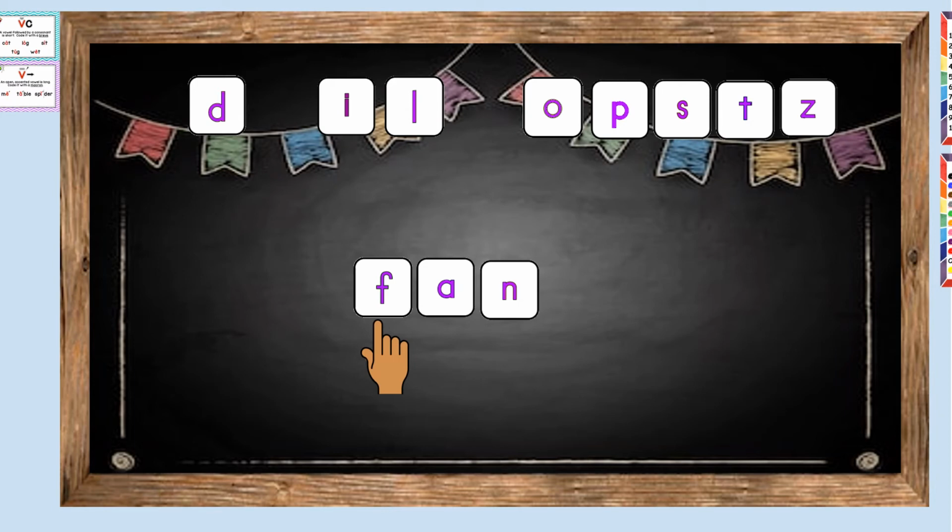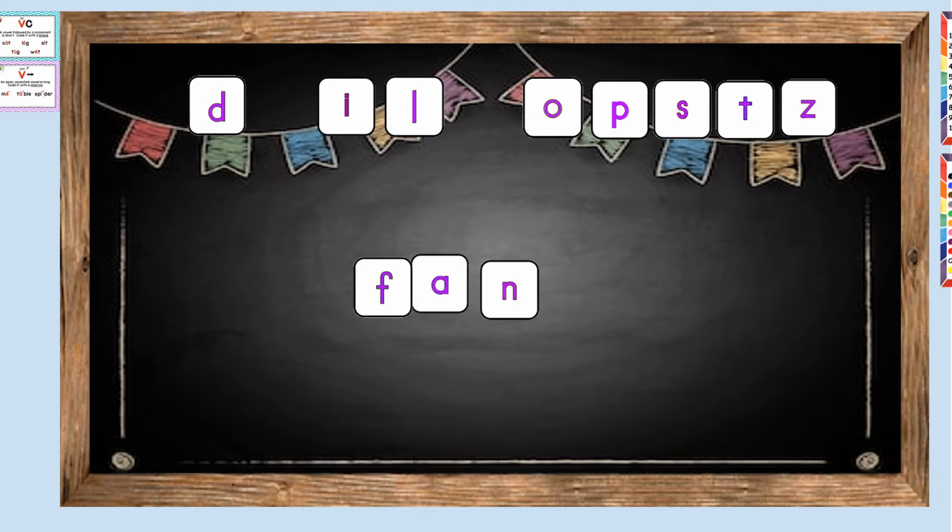Let's sound out our word. Remember, slowly at first. F, A, N. Let's sound it out again a little faster. F, A, N. And one more time, a little faster. Fan. This is the word fan.